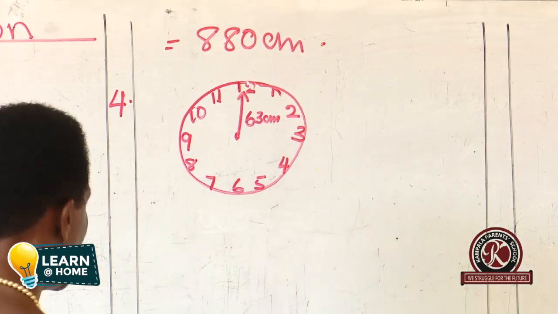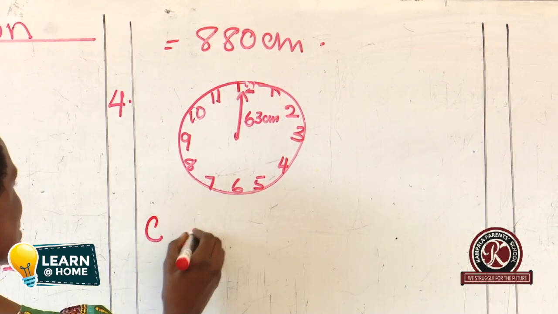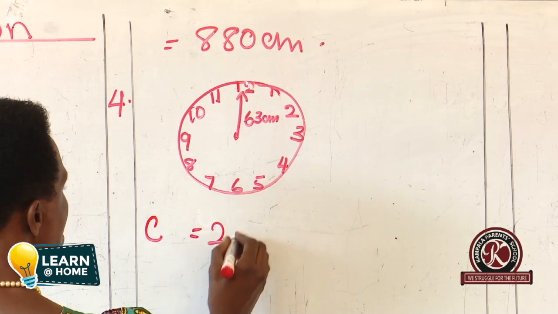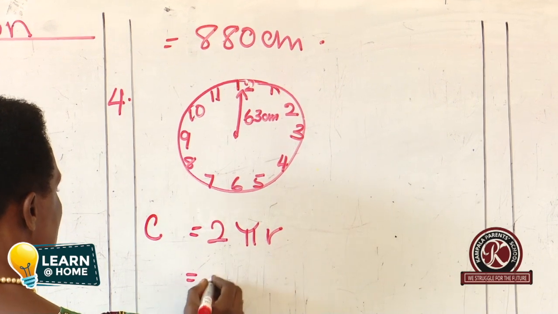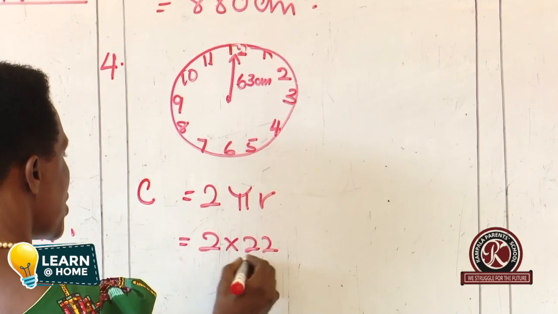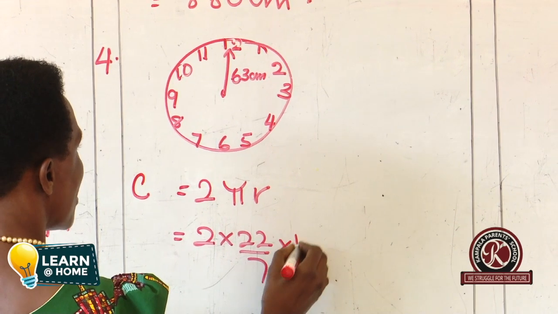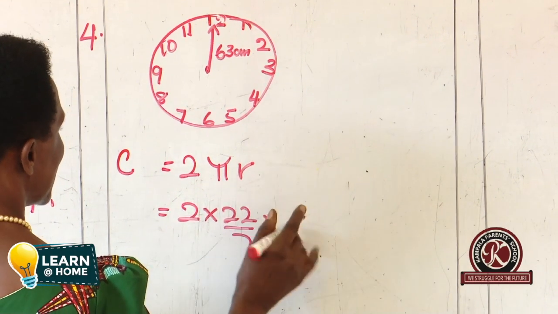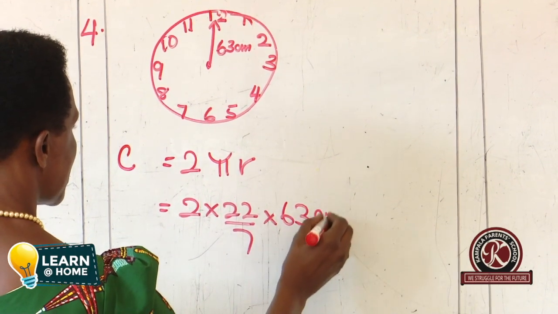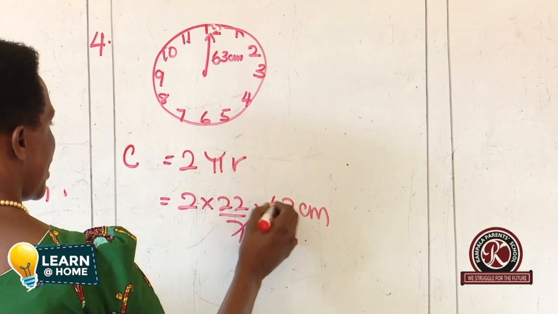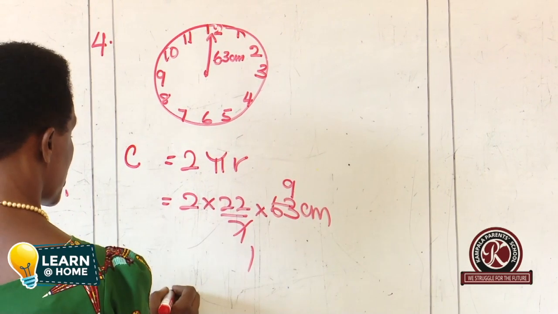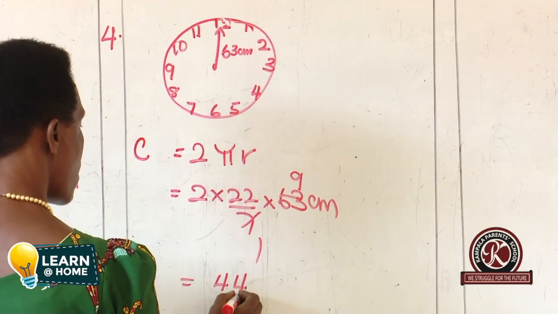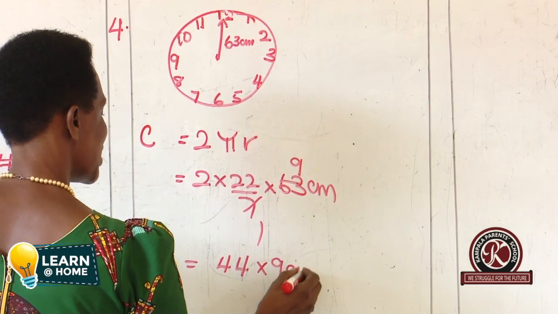So what do we do? We are saying circumference will give us 2 pi r, which is 2 times 22 out of 7 times r, times 63 centimeters. So what do we do? Here, what do we get? 9. So we have 44 times 9 centimeters.